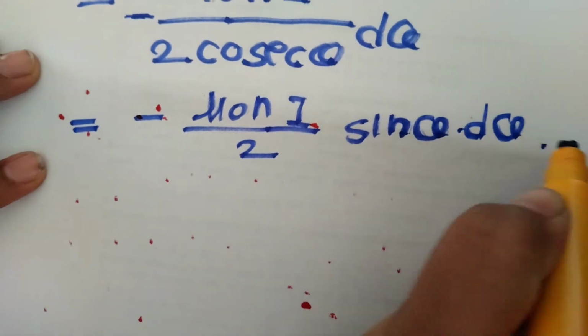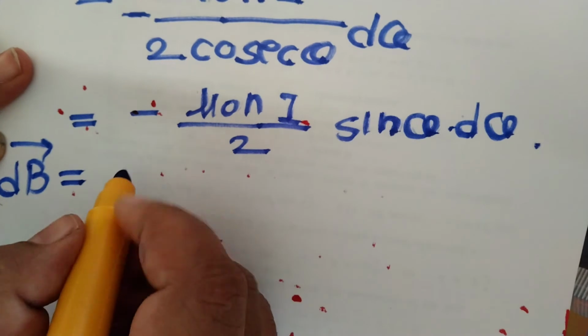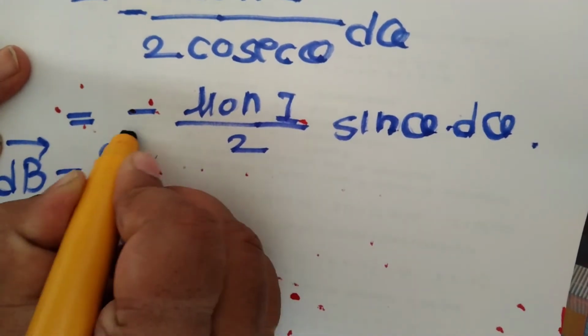Then it is a dB value, so we integrate to get the B value, integrating from theta 1 to theta 2, minus mu naught n I by 2 sin theta d theta. Then minus mu naught n I by 2 will be outside, theta 1 to theta 2, the integration of sin theta will be minus cos theta from theta 1 to theta 2.